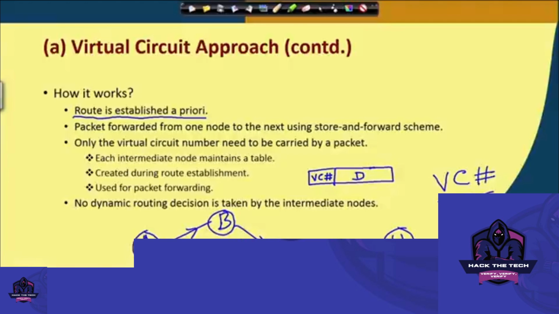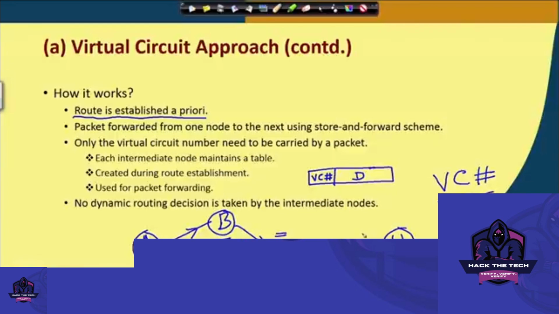Here routing of the packets is carried out based on the virtual circuit number that is present as part of the header, and during the connection establishment phase, when the route is being finalized, this information will be established in all the intermediate nodes.